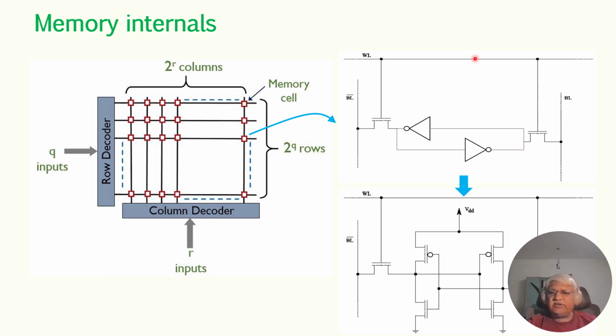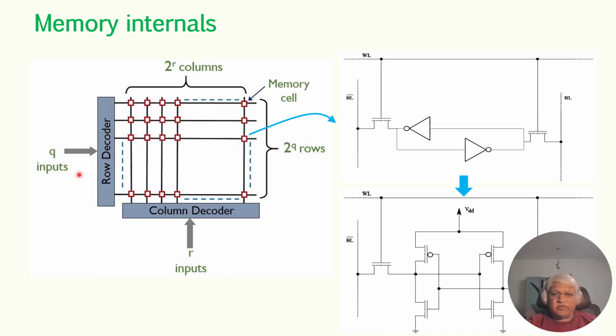Here it is the word line, and this is the bit line, and here it is bit line bar, the opposite of bit line. Assume we want to perform a read access. Then the word line is activated, because it has to know which element it is accessing.